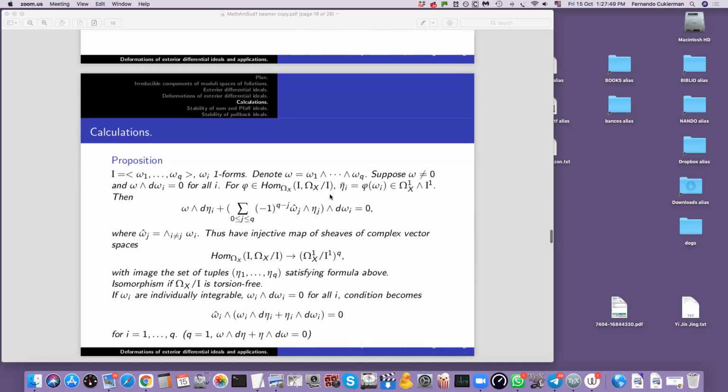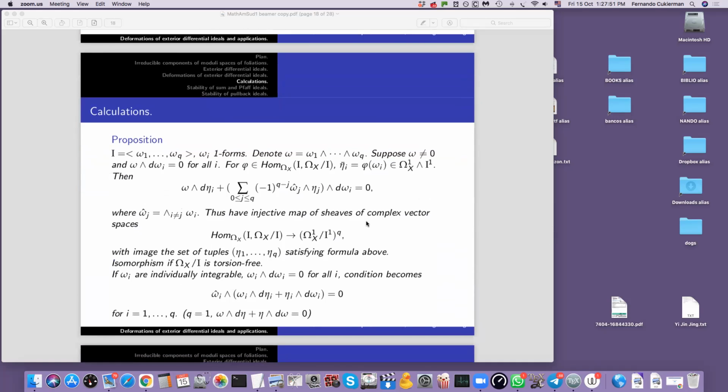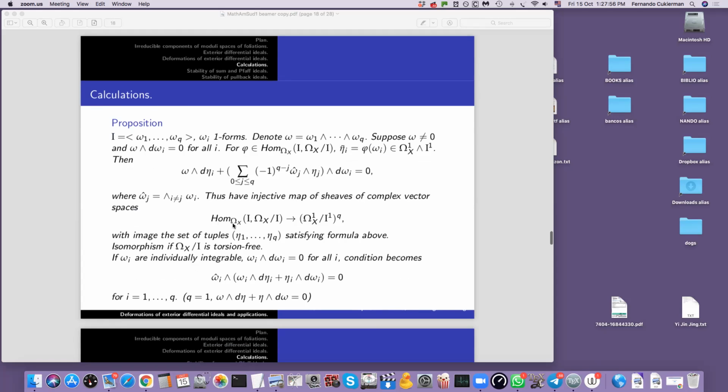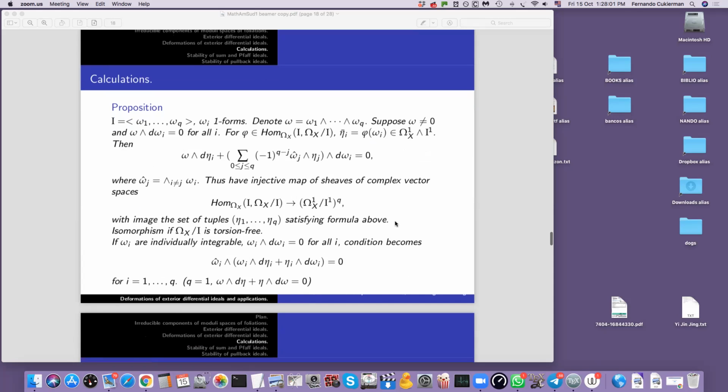Okay, so we have here some explicit situations where we can calculate this space of first order deformations of omega. We can calculate it as the collection of etas that satisfy this equation, which looks terrible, but it generalizes this equation, which was very much used before in the case Q equal 1.